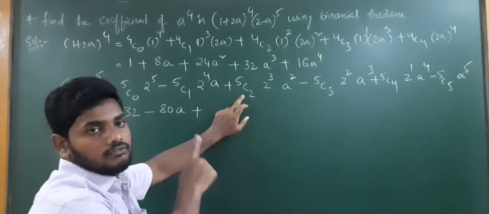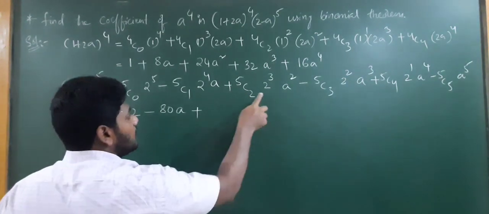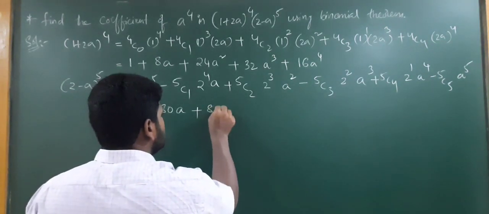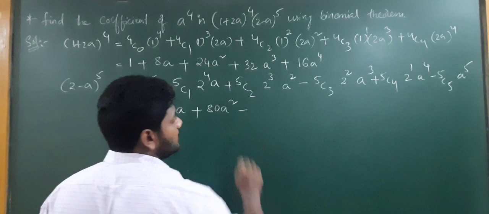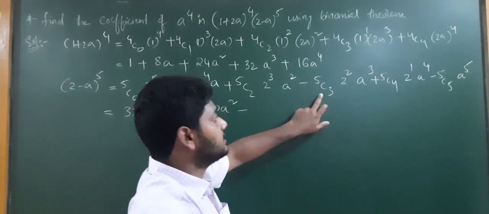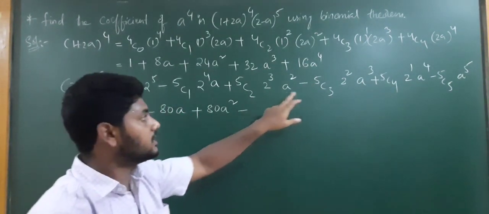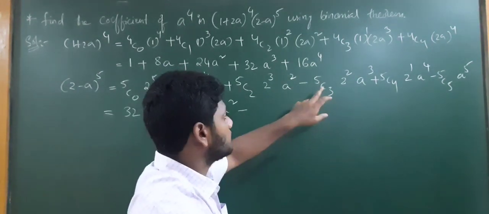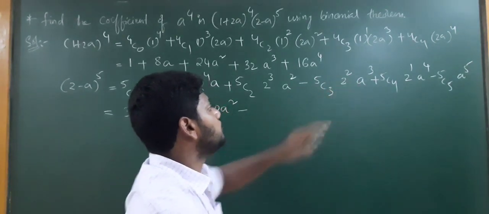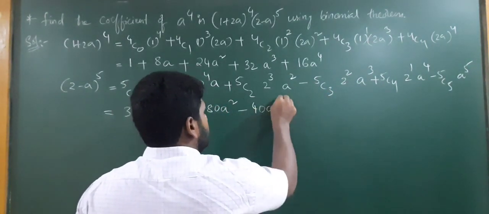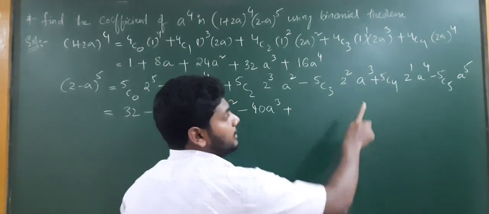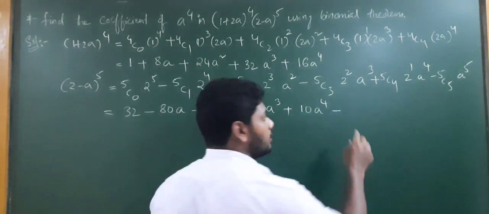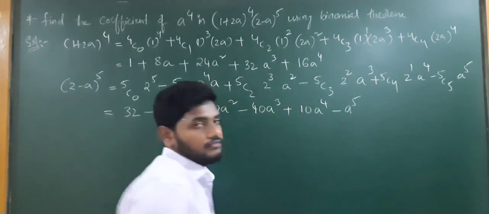How to find 5C2? 5 into 4 by 2 nothing but 10. 10 into 2 cube value, 2 cube is 8, 8 into 10 is 80a square, minus 5C3. 5C3 is also equal to 5C2, which is equal to 10. 10 into 4, which is equal to minus 40a cube, plus 5C4 value 5, 5 into 2 is 10a to the power of 4, minus 5C5 value 1, 1 into a to the power of 5 is a to the power of 5.